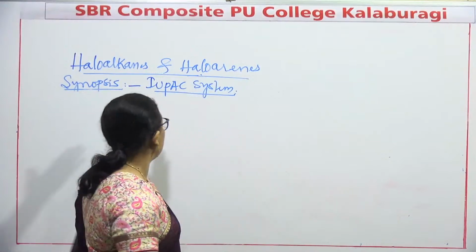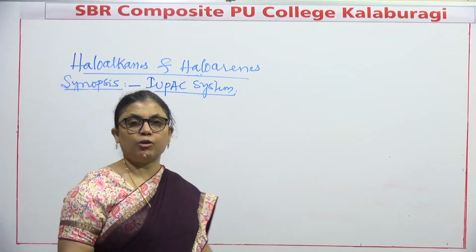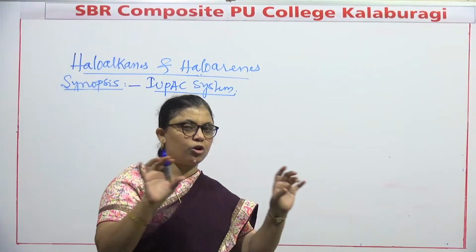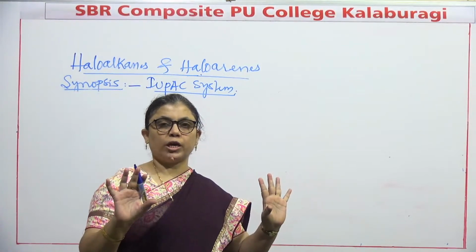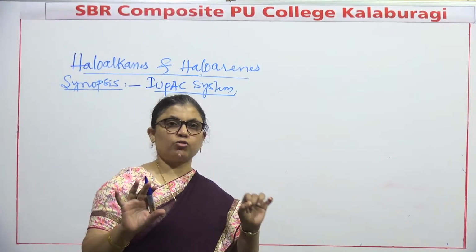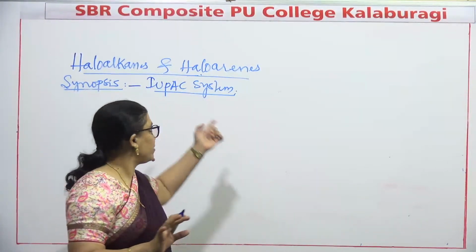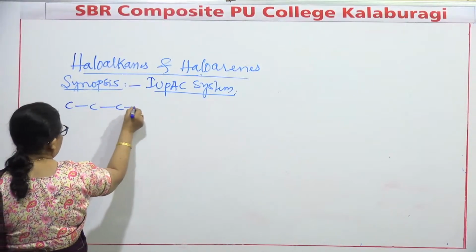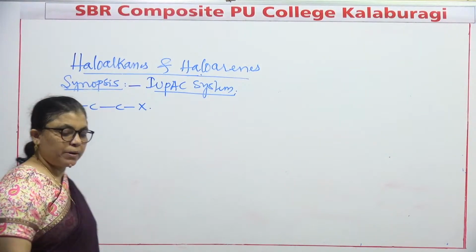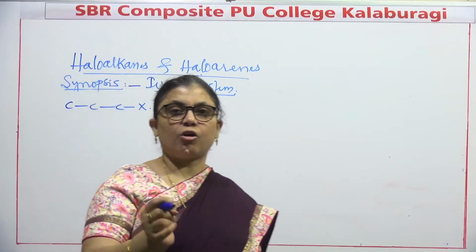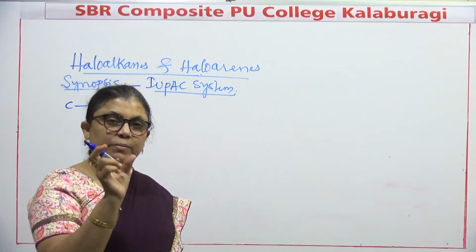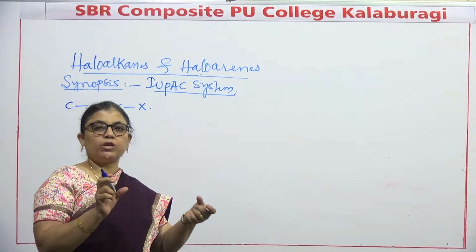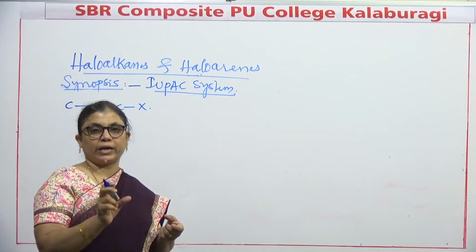Whenever there is a long chain, you need to give preference to the carbon containing the halide, because the topic is haloalkane, singly bonded carbon atoms containing halide. That carbon must be allotted the lowest locant. Locant means the position of X.